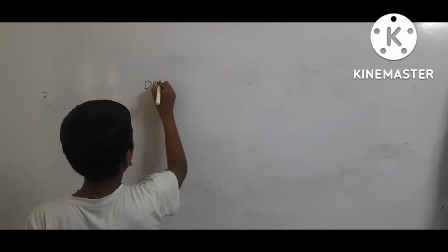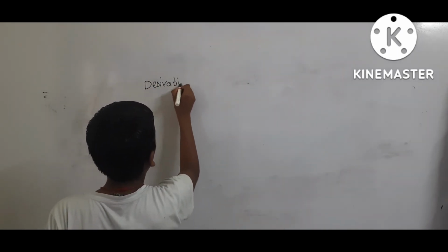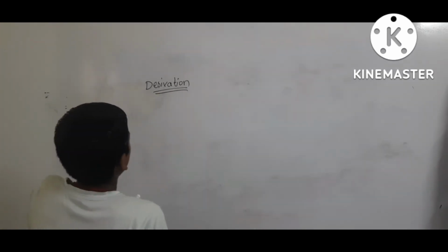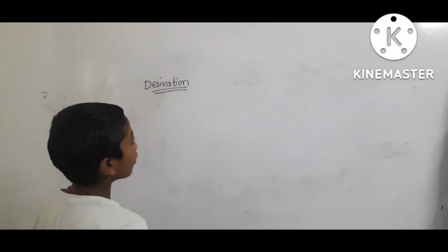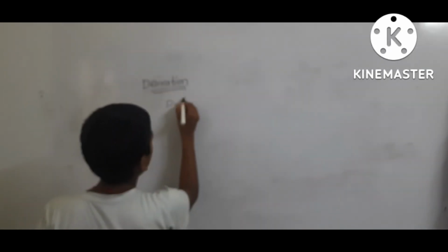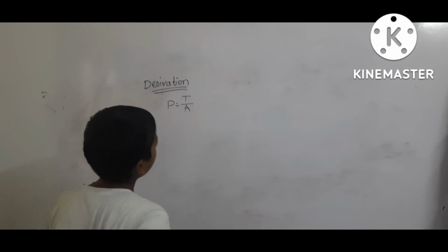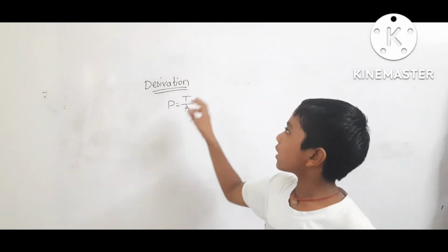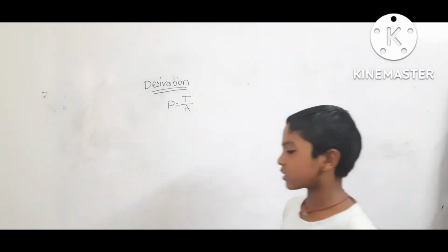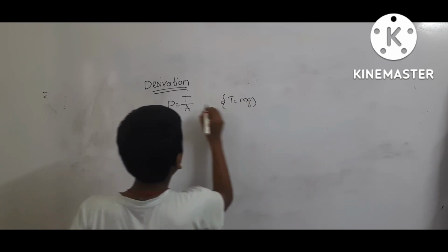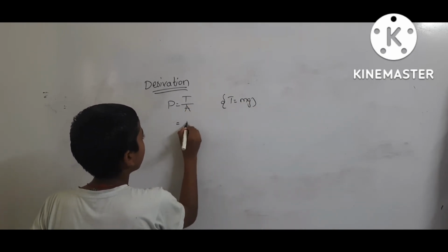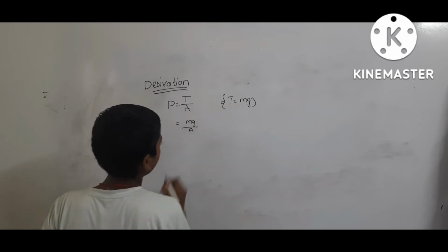Now we will discuss the derivation of fluid pressure. What is the formula of normal pressure? P equals thrust by area. I said before, thrust equals mg, mass into gravitational value. In the thrust place we replace mg, so P equals mg by area.